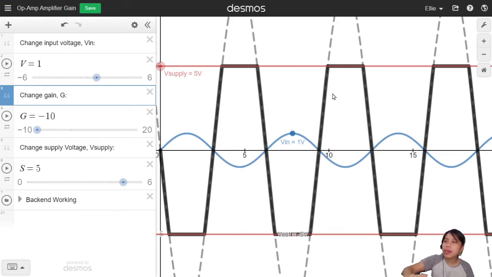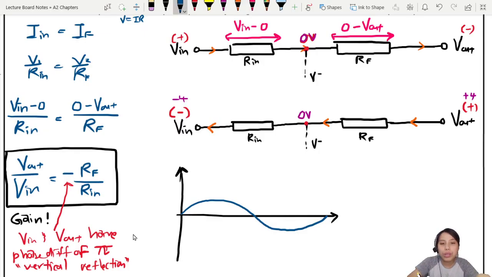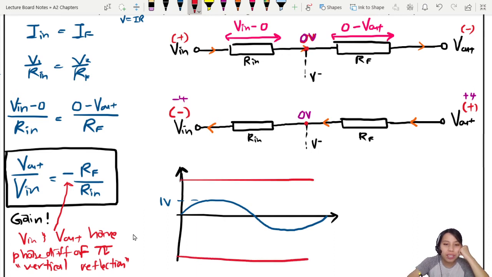So just remember this point, be very careful. If your input is 1 volt and your gain is pretty big, you must be very careful of your supply, which is the limit of how high it can go. This is going to be Vsupply. Even if you have a super large output, you will get chopped off and then go back down.